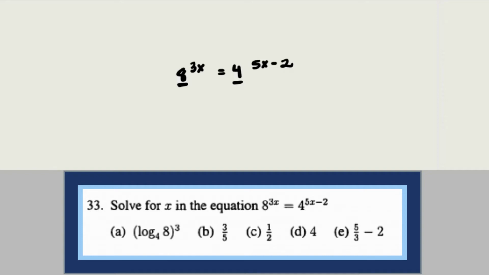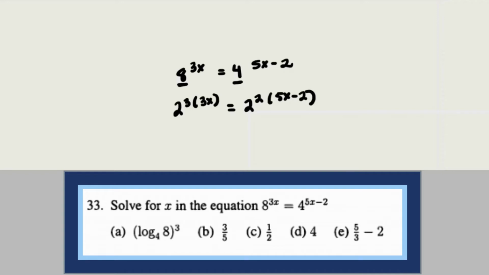So for 8 and 4, if you think of something they have in common, think of the number 2. If we wanted to get 8, another way to rewrite 8 is 2 cubed, right? So we can rewrite this as 2 cubed to the 3x, equal to, and another way to get 4 would be 2 squared, so we write that as 2 squared to the 5x minus 2.